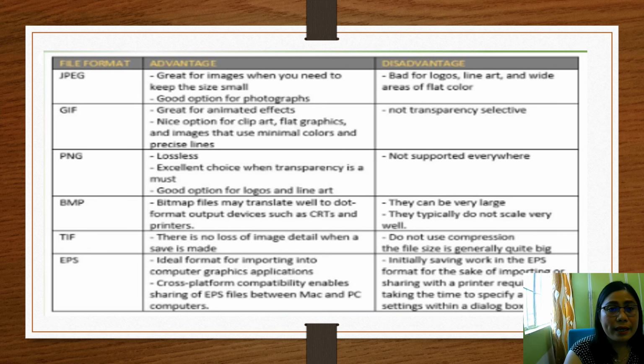Next is the GIF, o yung tinatawag natin na Graphics Interchange Format Files. So, widely used to para sa mga web graphics kasi they are limited to only 256 colors. At it can allow for transparency. Pwede rin siyang i-animate. So, GIF files class are typically small sa size and very portable po siya.